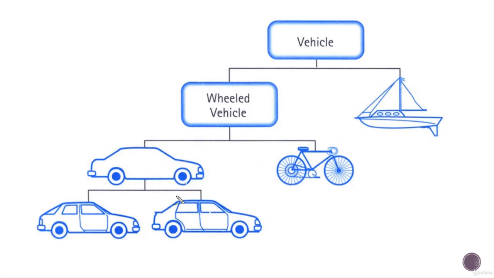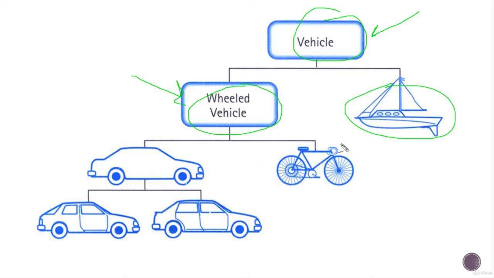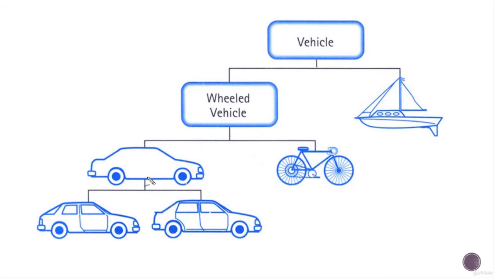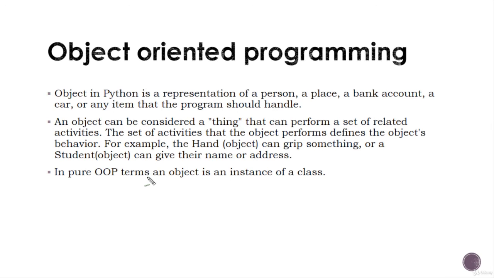Here vehicle is a class, then we have the different objects: the wheel vehicle, the ship as a water vehicle, a bicycle, and the two-door car or four-door car. An object can be considered a thing that can perform a set of related activities.